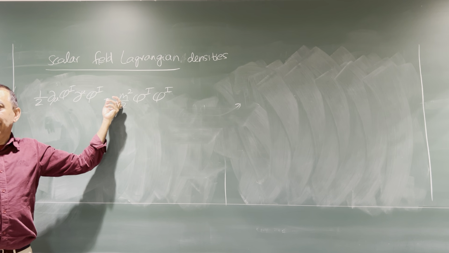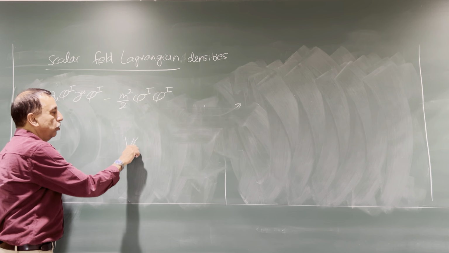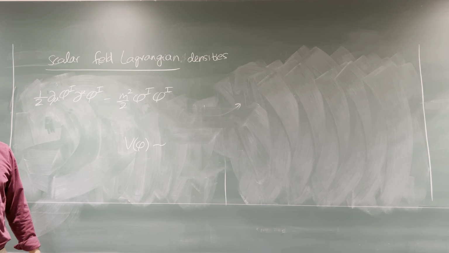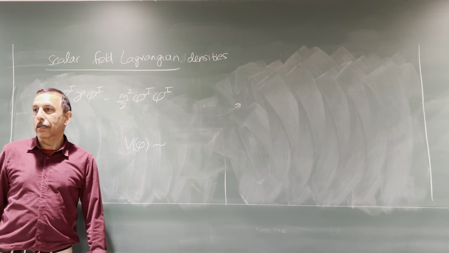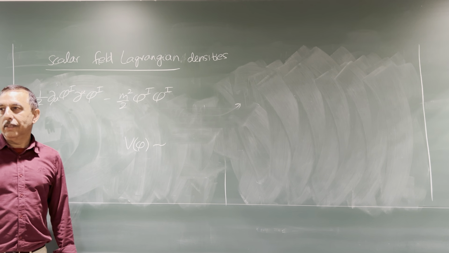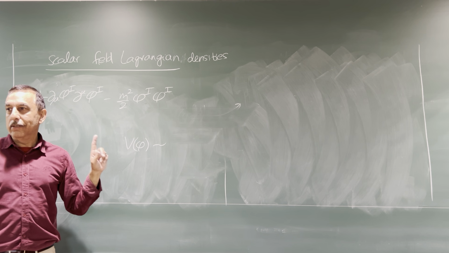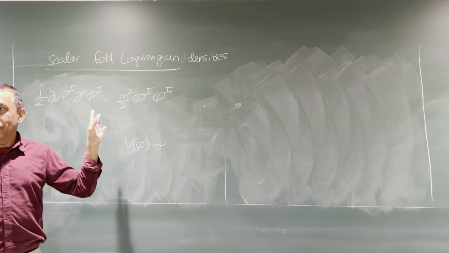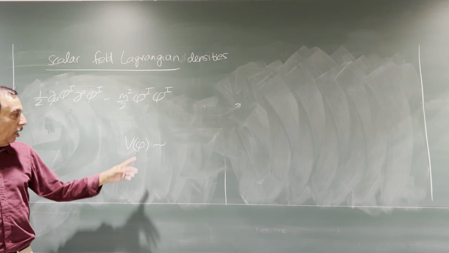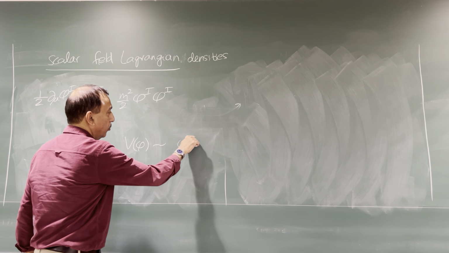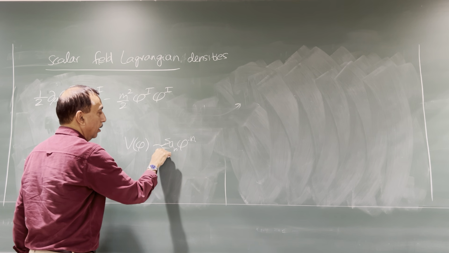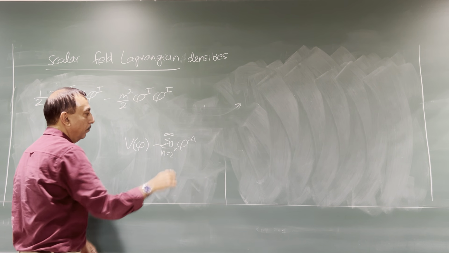If I have a V of phi which I haven't told you what it is, then you'll do a Taylor expansion. You can choose that its value at phi equals 0 and its first derivative vanish, and if they don't, you would have some problems, and then it starts with the second derivative. So it's just a set of Taylor coefficients a_n phi to the n, n equals 2 to infinity.